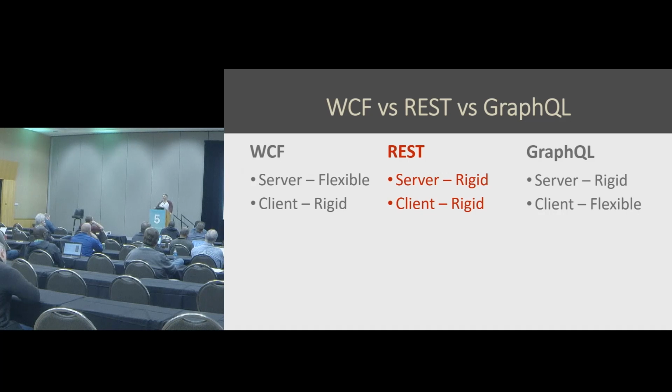So the client can say, hey, this is the data that I want, and then they can do with the data whatever they want, and then send the data back. And the server developers have to determine how am I going to deal with that data, and how am I going to process that and make sure that we still have data integrity at the end of the day as well. So there's trade-offs between all of them.